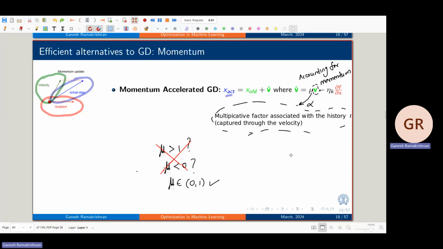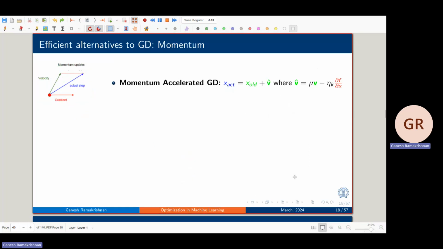Now, what should this mu be? If it's too much, I go back to the previous step. What should this mu be is the question. I should certainly look at the previous iterate, but if I get overweighted by the previous iterate, then I might stagnate.